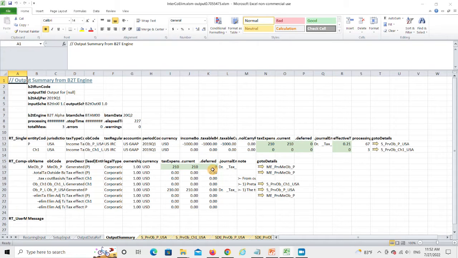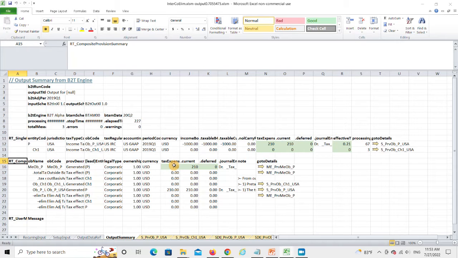So here's the calculation. We see the engine did two provision calculations, one for P, one for its child. And the child has no income, therefore no taxes. The parent has $1,000 income on its own, and it has a tax expense of 210 at 21%. Now here is a composite provision summary, which is calculating the total tax for the whole group.